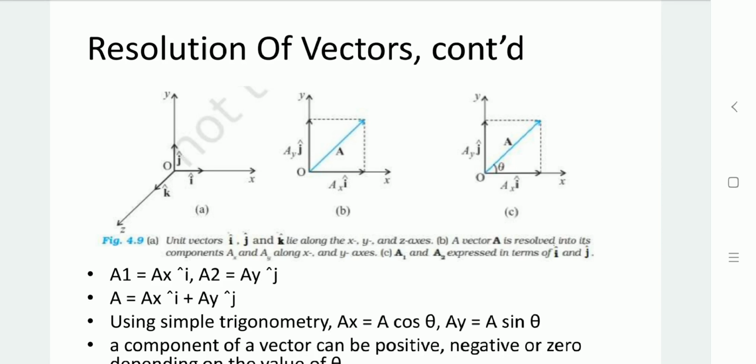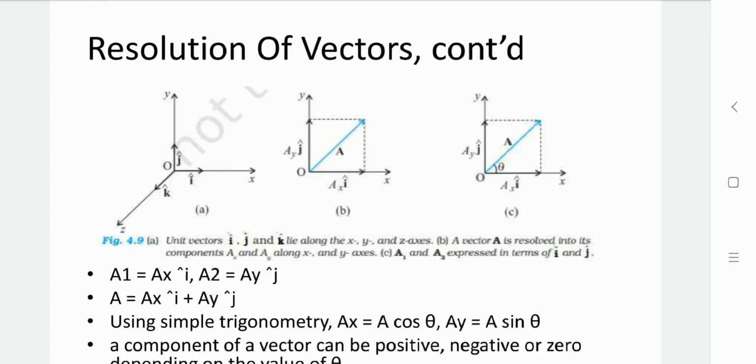Now, if we take any arbitrary point in the first quadrant, let us define the vector between O and that arbitrary point as vector A. That vector A is in the first quadrant, so it has both x and y components. Now we need to understand how much component of vector A is in the x direction and how much is in the y direction.